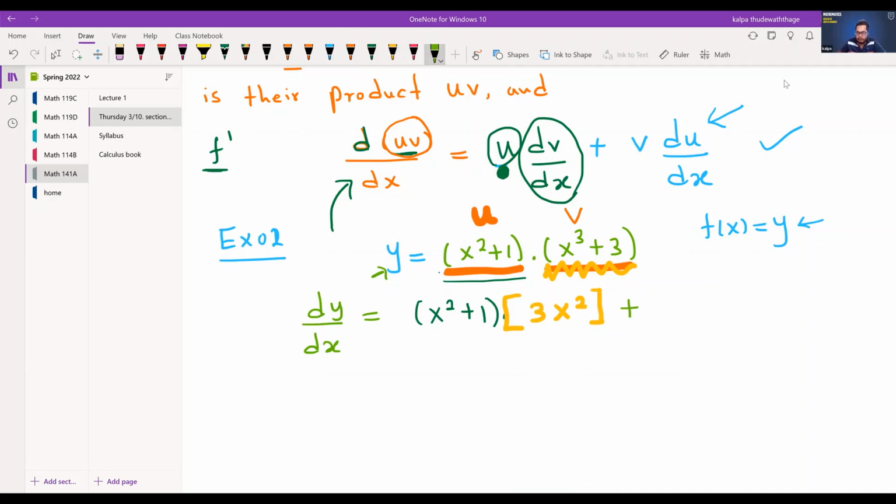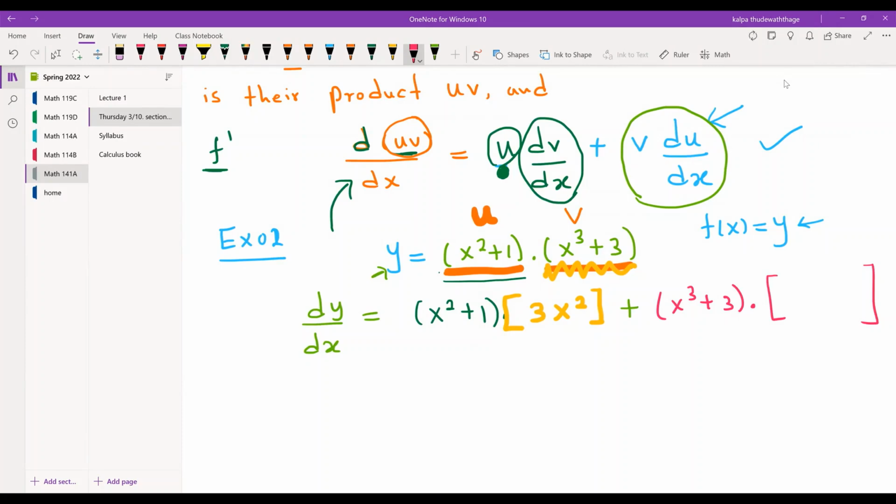Pedro, what should I write next? Think about this portion. So you write x to the power of 3 plus 3. Very good. And then I have to multiply it with what? 2x. Very good. Why 2x? It's the derivative of u. The derivative of u is 2x. Is it clear?